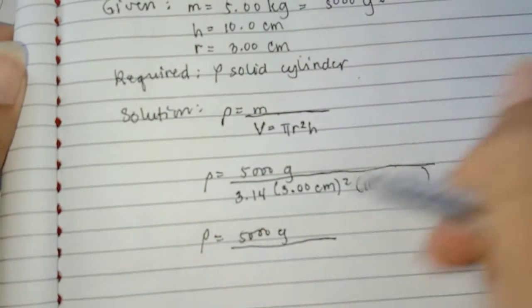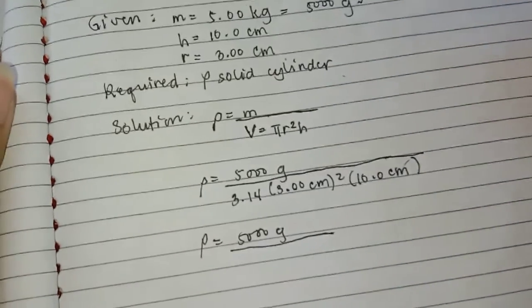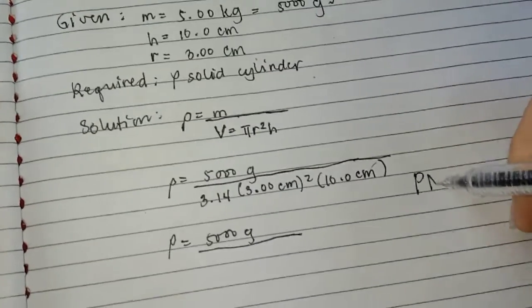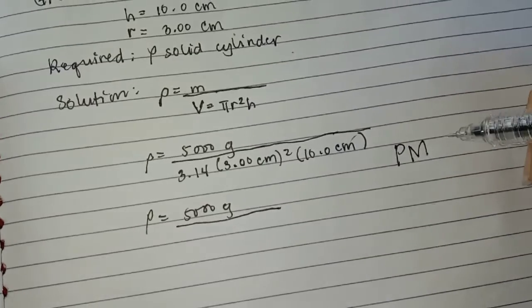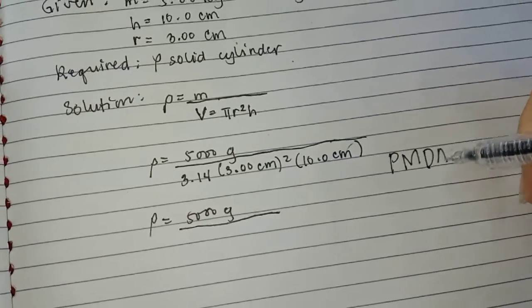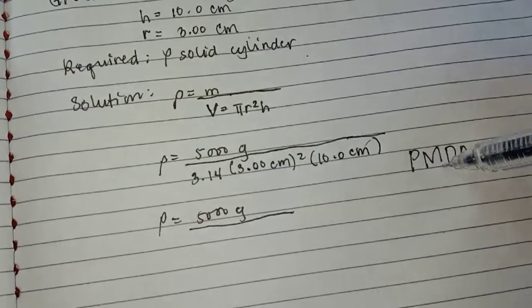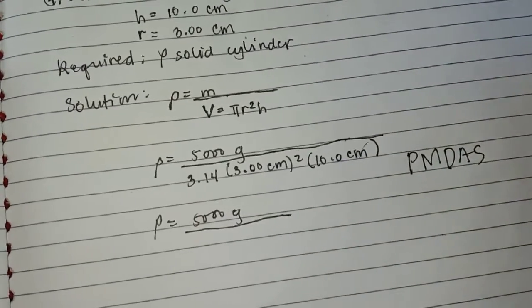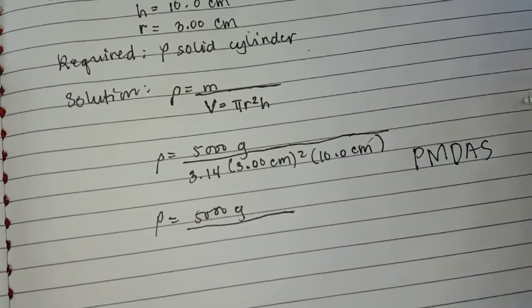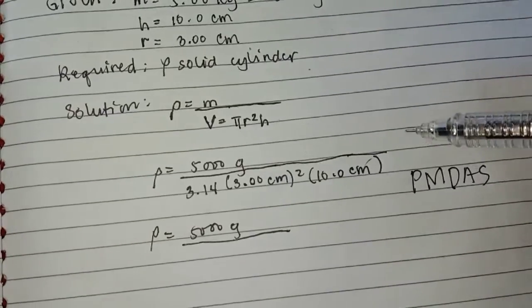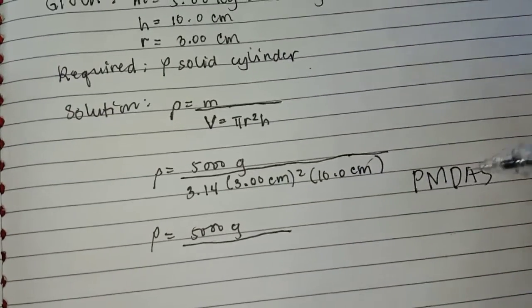In simplifying operations, we need to follow the PEMDAS rules, which goes first to simplify inside the parentheses, and then the multiplication and division and addition and subtraction. But we have only the multiplication here, so we'll just stop at the multiplication.